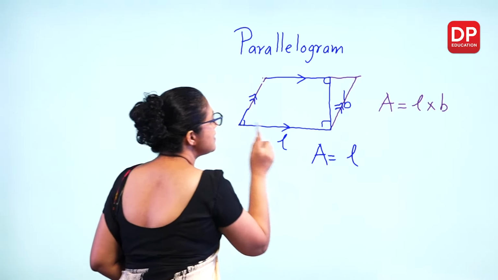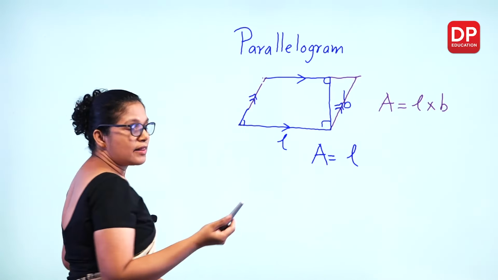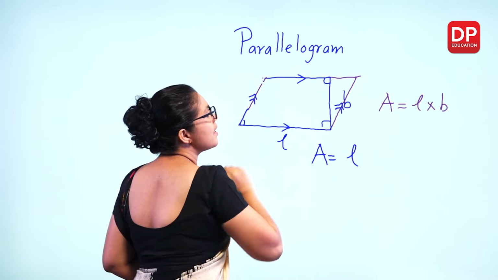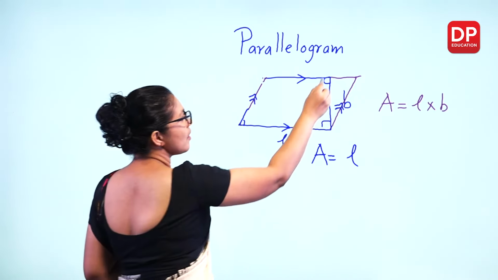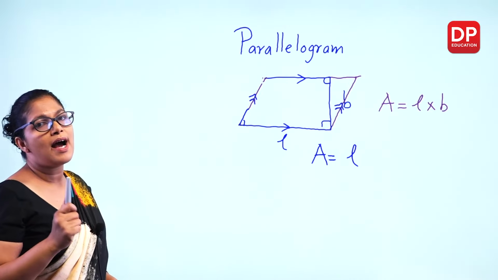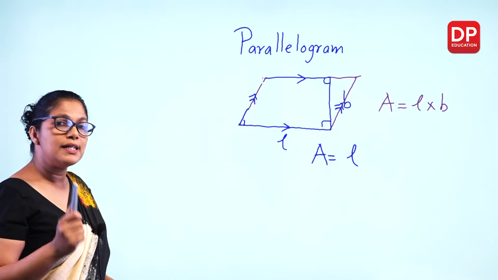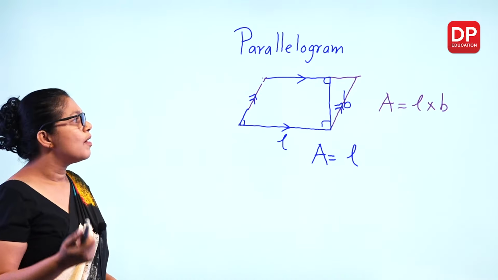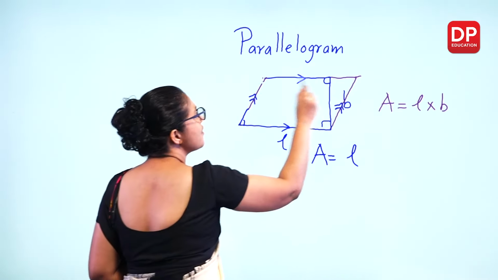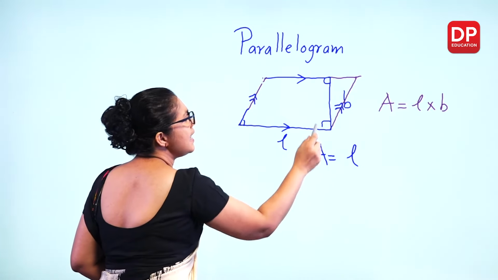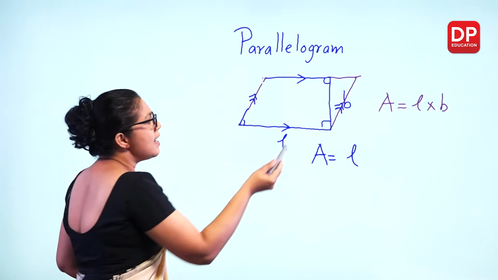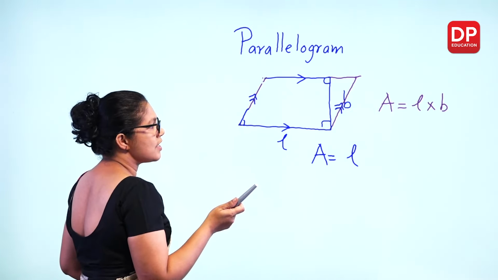So here, what's the area? L is the length of one side, and what is this one now? This one is B. B is the perpendicular height of the parallelogram. Earlier B was the breadth of the rectangle, but in this case, if it's a parallelogram, you get one side and the perpendicular height. So here I'll use a different notation now.